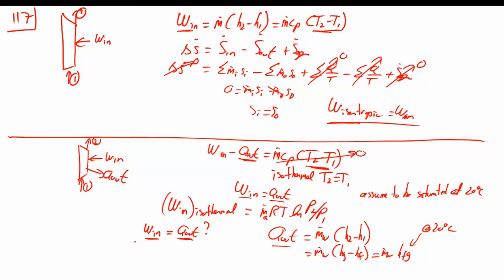So that means that my work in, I can look at it as being isothermal, which is less than isentropic, and I can subtract one from the other, and I end up getting my total energy saved. And the only reason is because I am actually removing heat from the system.